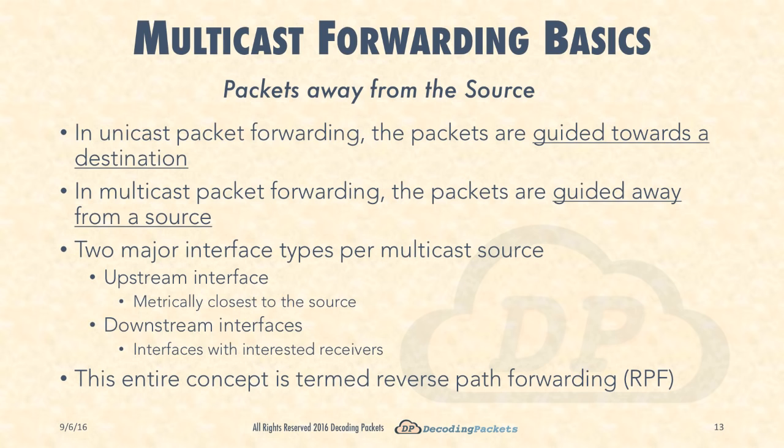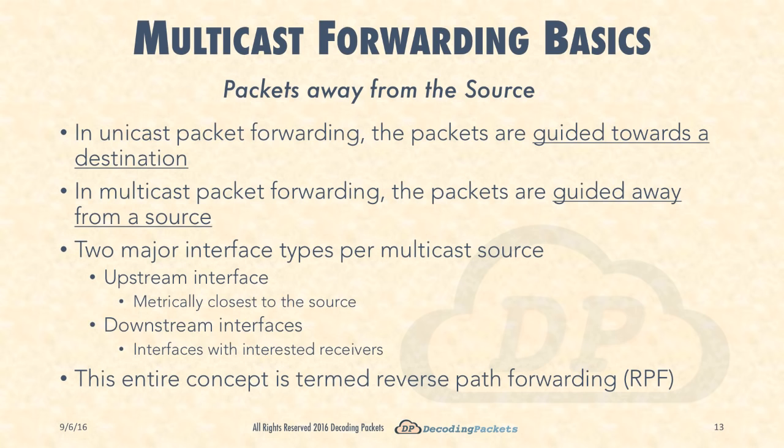So that brings us to the interface types for multicast. When you look at a unicast routing table, it's always organized by destination IP addresses. There is always a next hop IP that is associated with those routes. And furthermore, if you look at the actual forwarding table, there's always an exit interface.